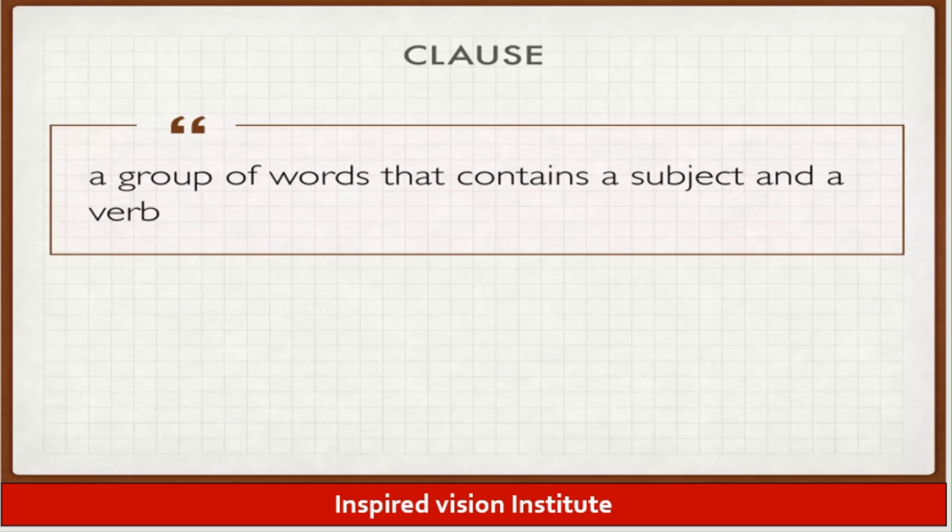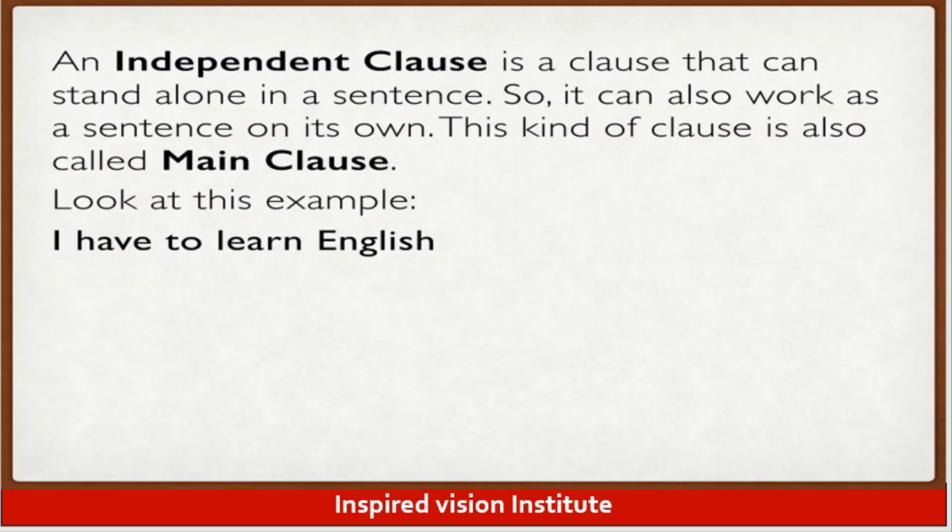A sentence also is a group of words and it contains subject and verb both. But the difference is, a clause sometimes doesn't stay alone, and sometimes it does, but whenever we use clauses, there must be two clauses. So we will read about both kinds of clause.